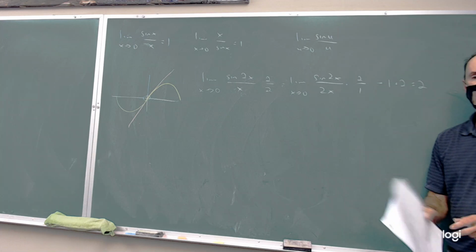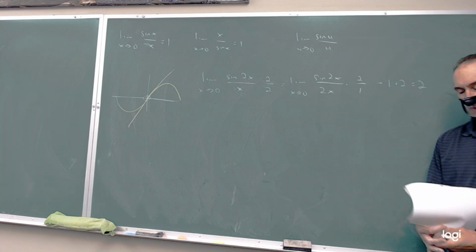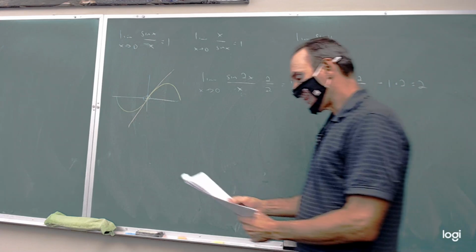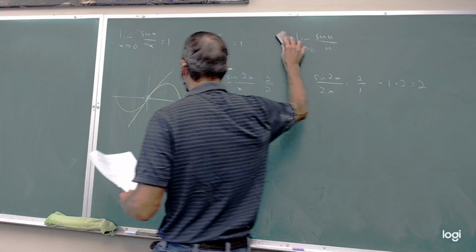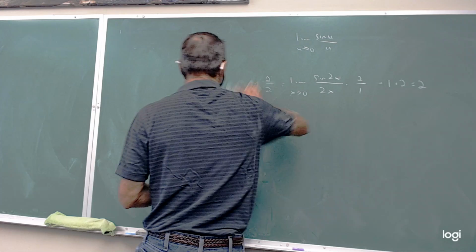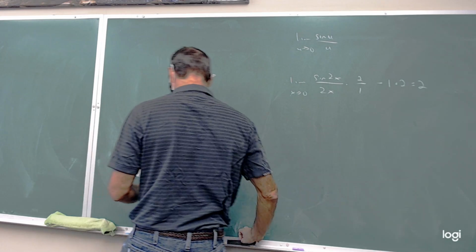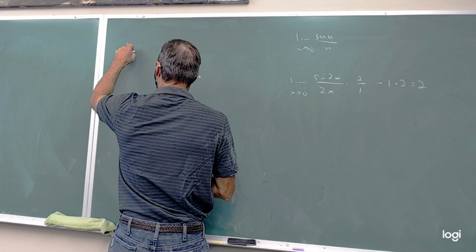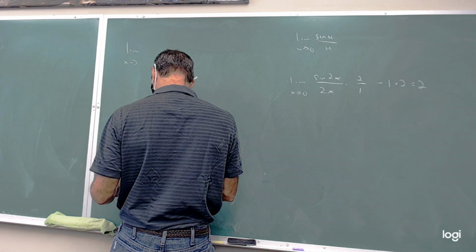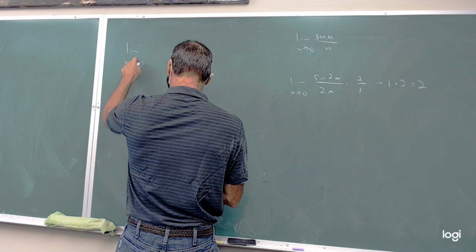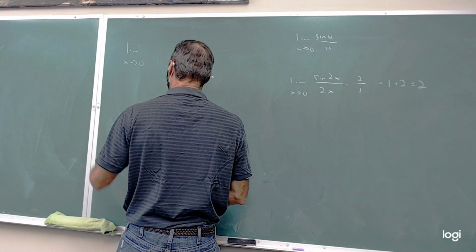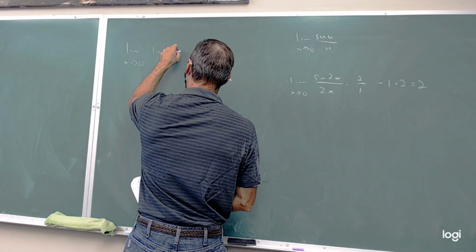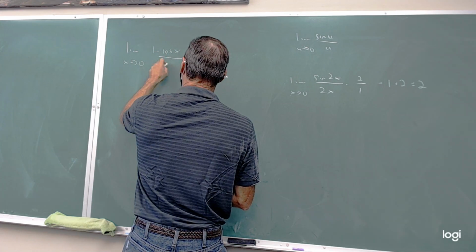Okay, well, having said that, let's talk about how in the world we are going to do the limit as x approaches 0 of 1 minus cosine x over x.